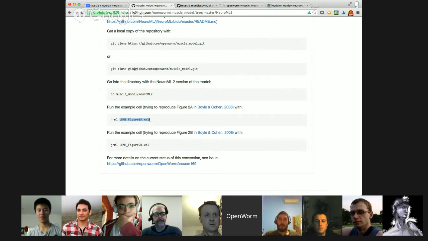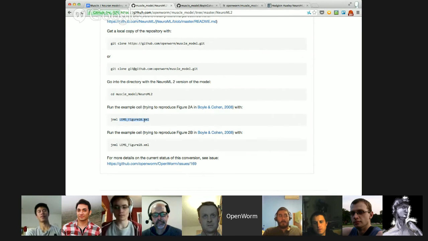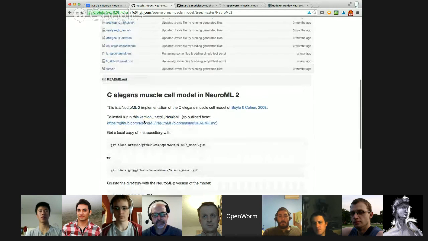We need to clone this muscle cell 95 times for all 95 body wall muscle cells, and they all need to work independently, and we don't want to be copying and pasting code. But with this nice NeuroML2 language, we can indirectly reference our muscle model 95 times and modify it independently and test it. There are a lot of good properties that come along with this.